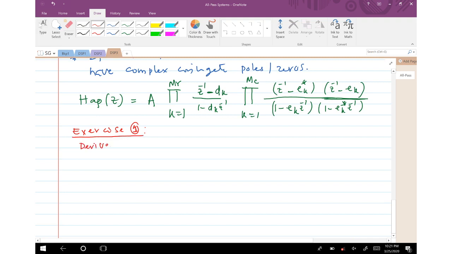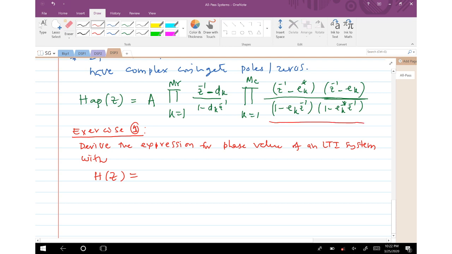derive the expression for phase value of an LTI system with H of z equal to, I'm just taking this part here.